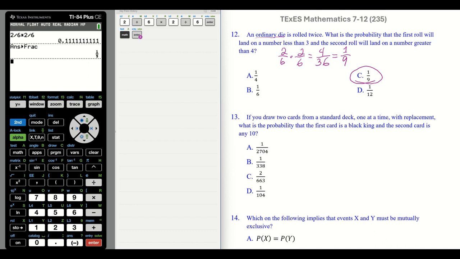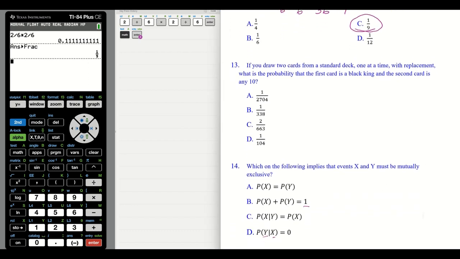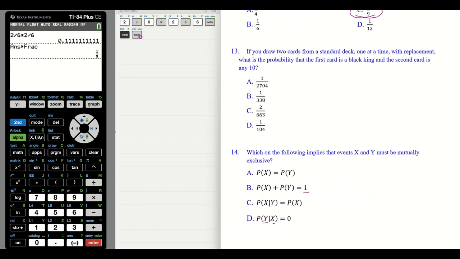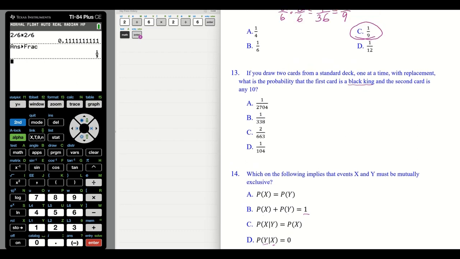Number 13. If you draw 2 cards from a standard deck, one at a time with replacement, what is the probability that the first card is a black king and the second, there's your word, and the second card is any 10?